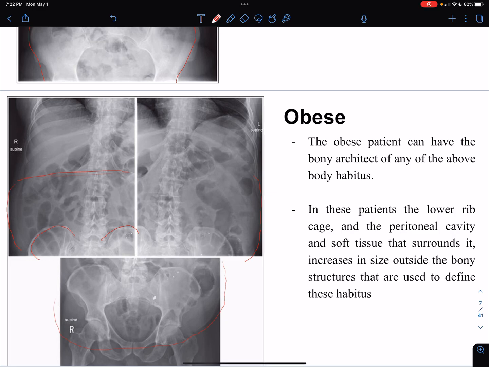This is what we call a curtain. I don't know if that's an official term, but we refer to that as a curtain. And oftentimes you have to put your hand down there and lift up their curtain of abdominal tissue to palpate where the pelvis is. So just keep that in mind, but their bony structure is the same.